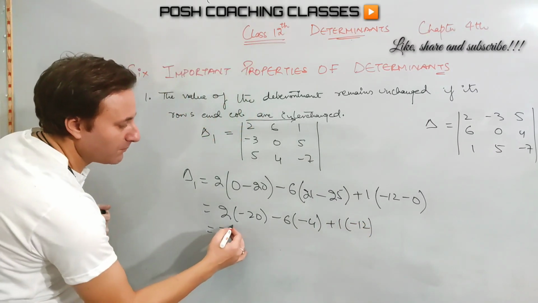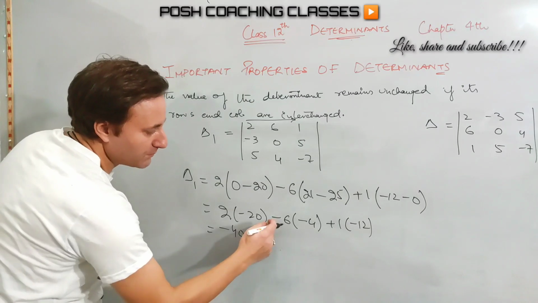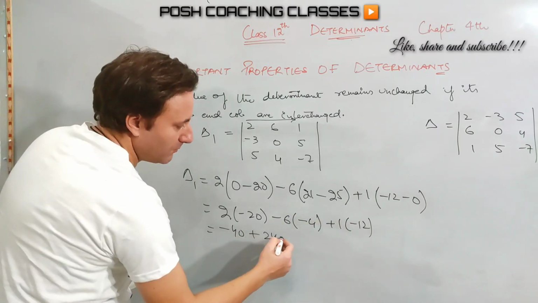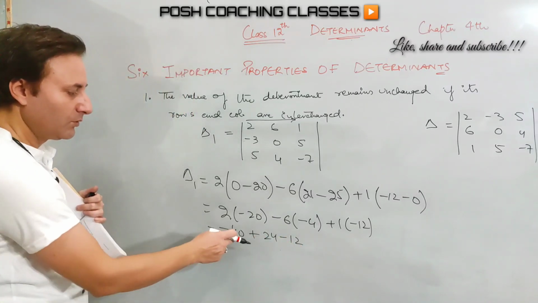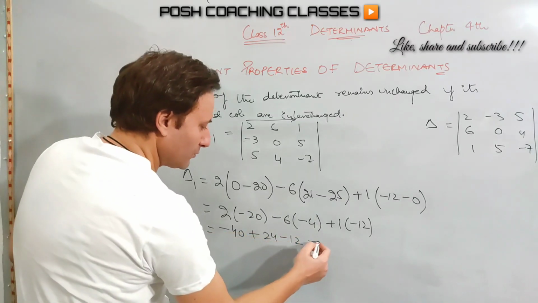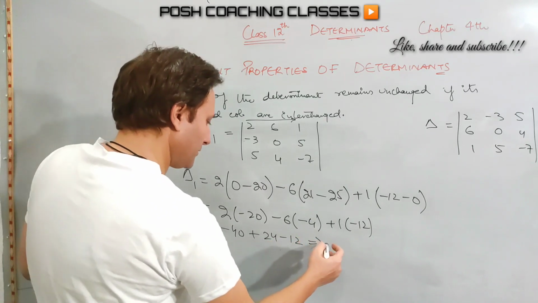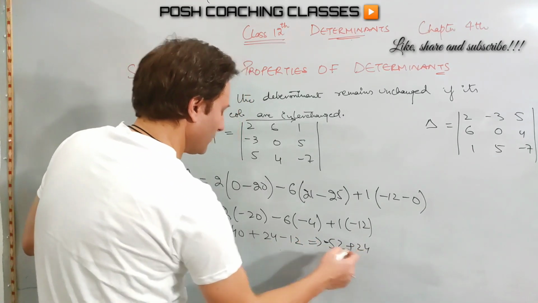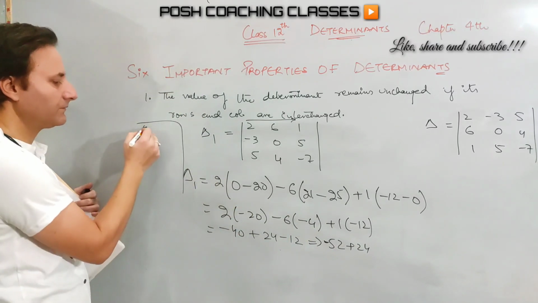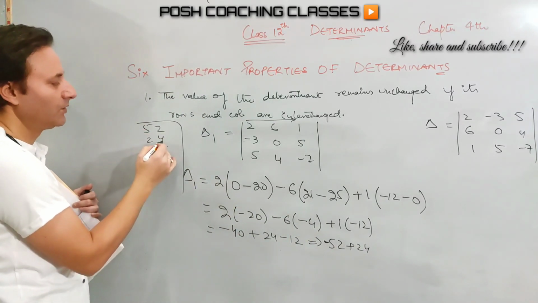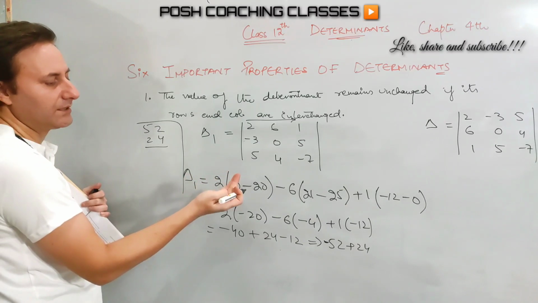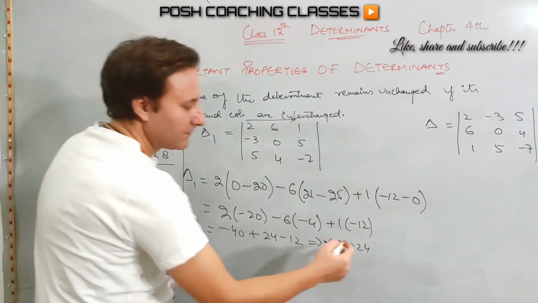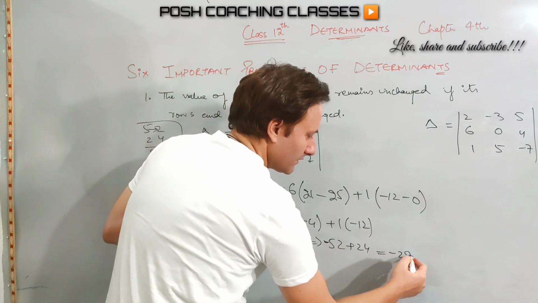What do I have? Minus 40, then minus times minus positive 24, and then minus 12. So 40 and 12 are both negative, giving minus 52 plus 24, which is minus 28.